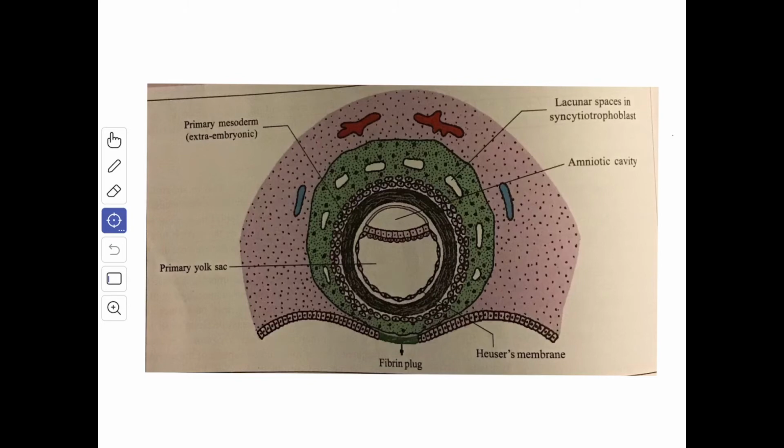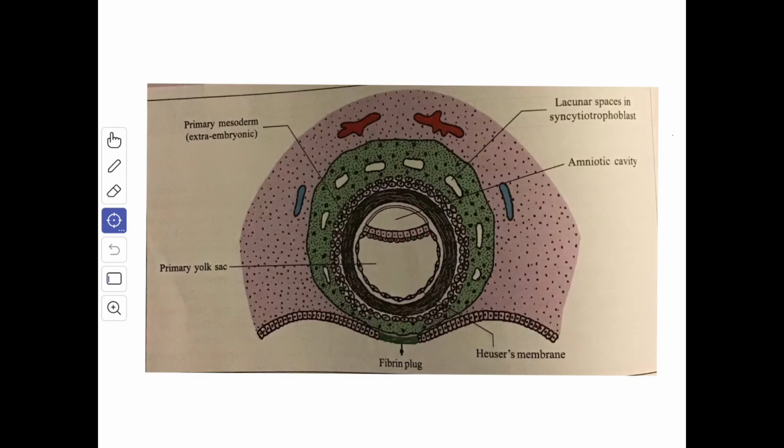Concomitant with the changes of the trophoblast, the cells of the embryoblast differentiate into 2 layers on the 8th day of the development. A layer of flattened or cuboidal cells, which is known as the hypoblast or primary endoderm, appears on the inner or the luminal surface of the embryoblast.